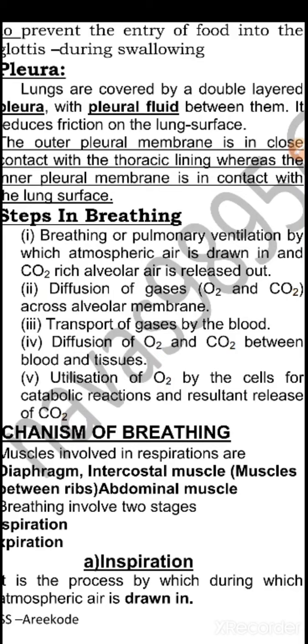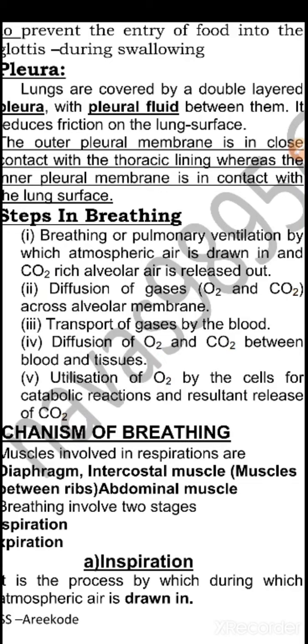One is inhalation and exhalation, and the diffusion of gases, oxygen and carbon dioxide, in the lungs, across the alveoli, takes place as the second step in the lungs. And third, oxygen from the lungs is carried to the tissues and from the blood, carbon dioxide is taken back to the lungs.